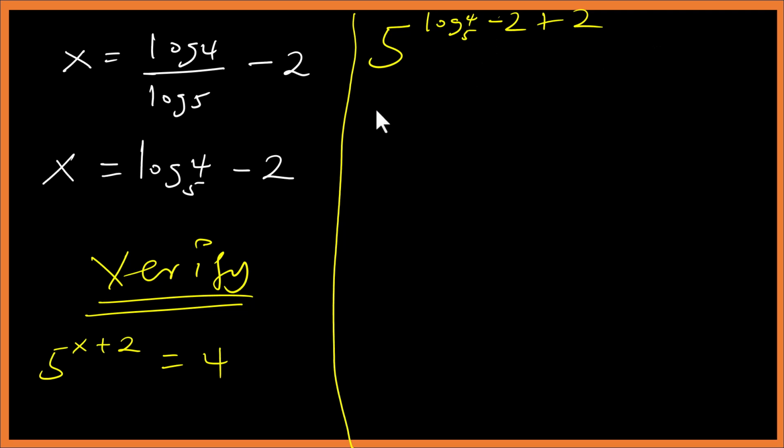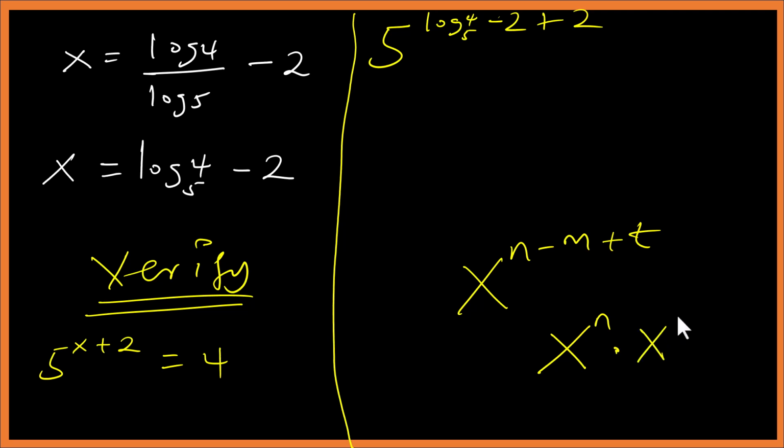So this side is the same as, when given x raised to n minus m plus t, is the same as x raised to n times x raised to minus m times x raised to t.